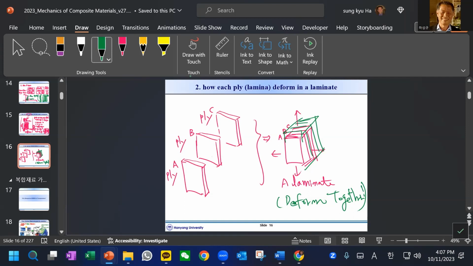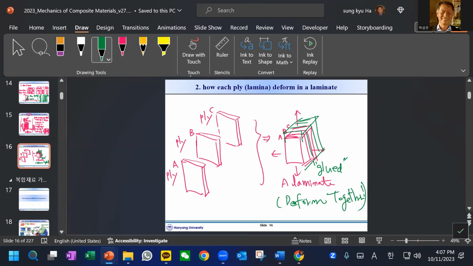This is where all three plies are glued. They are all glued. That's why A, B, C deform together.